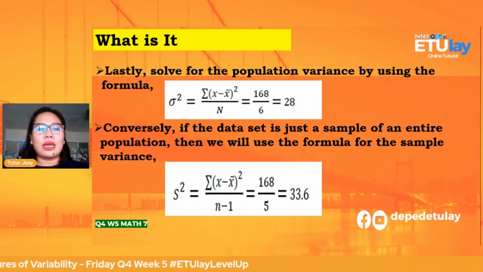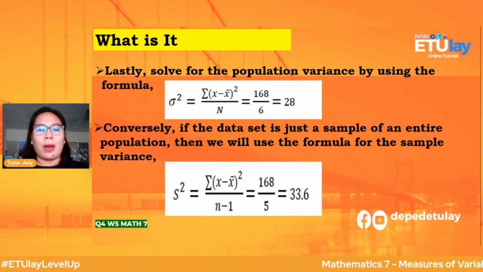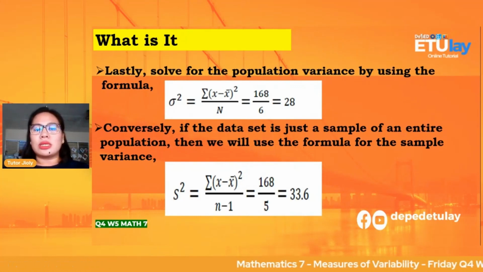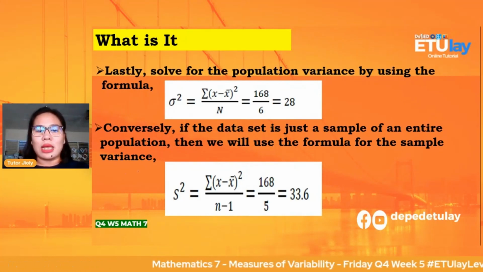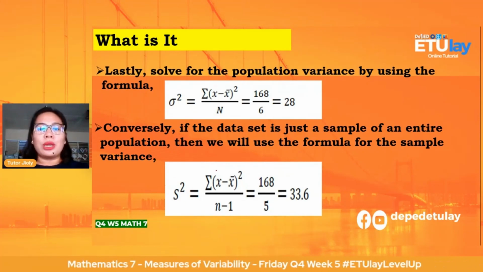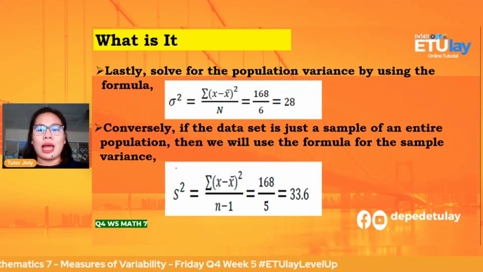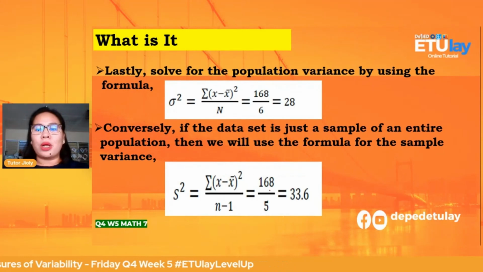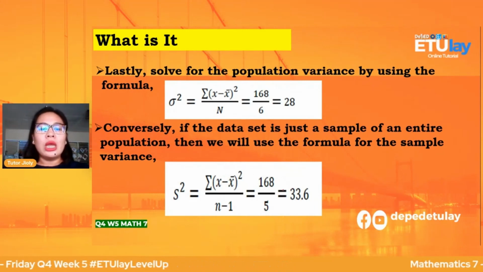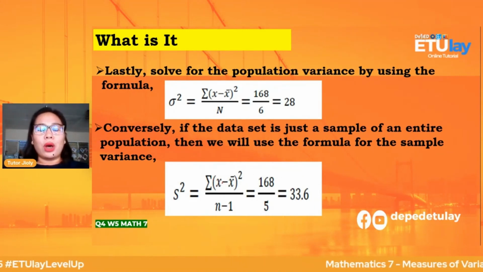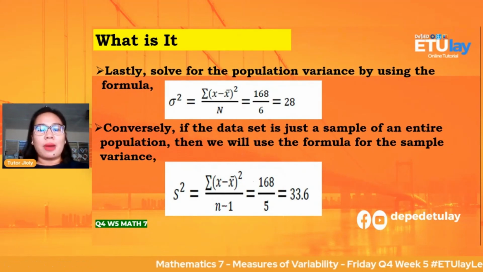Conversely, if the data set is just a sample of an entire population, then we will use the formula for the sample variance. Same 168, but the formula is n minus 1.